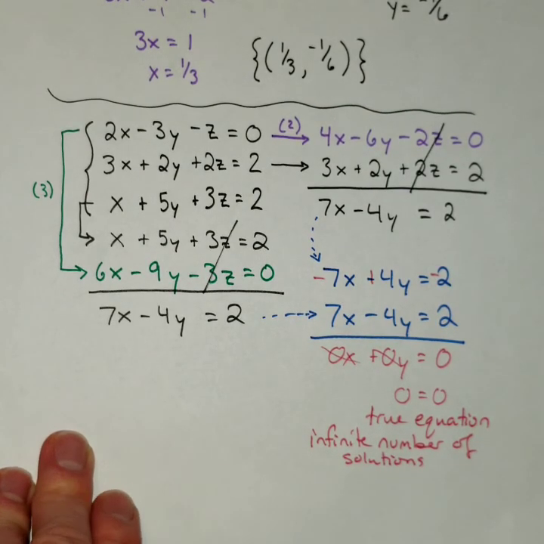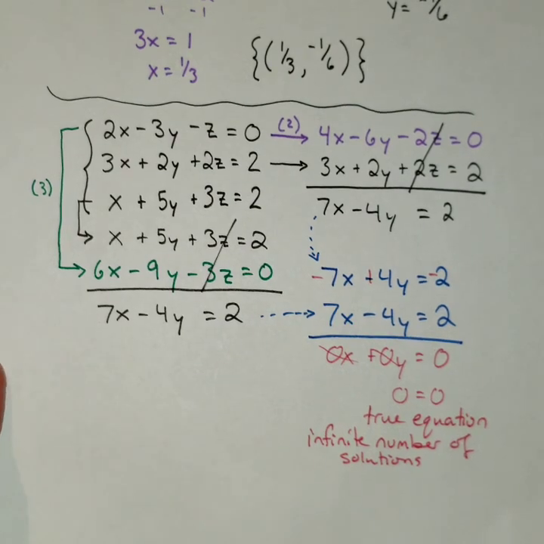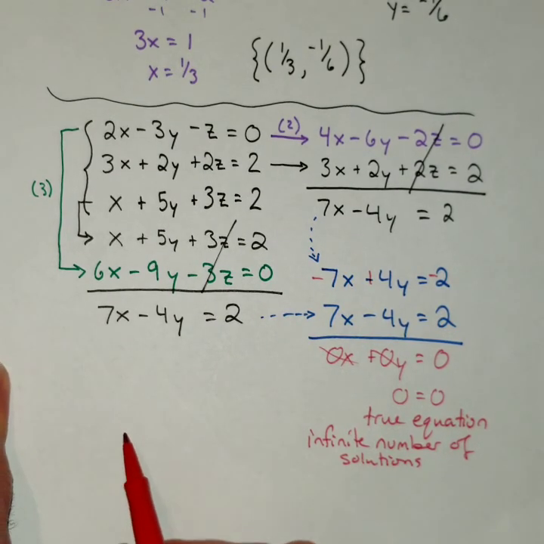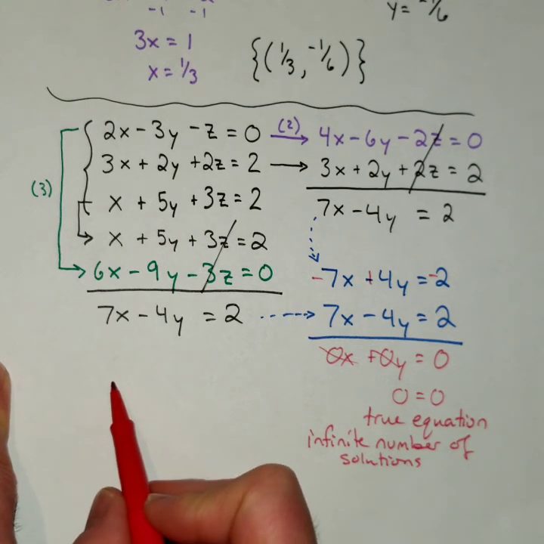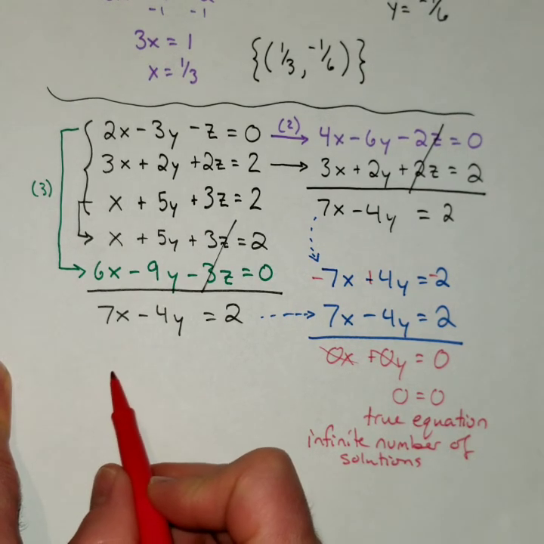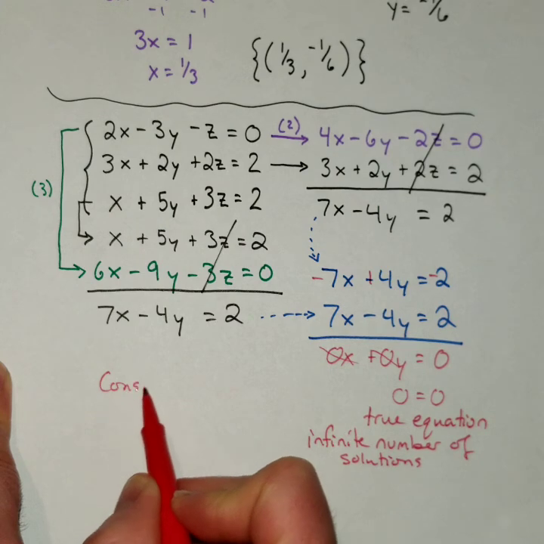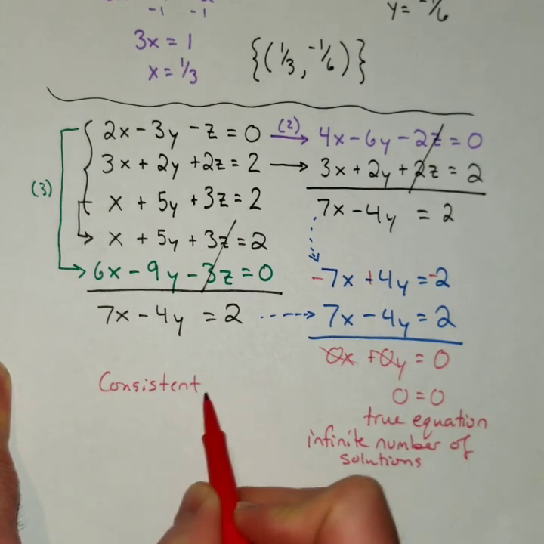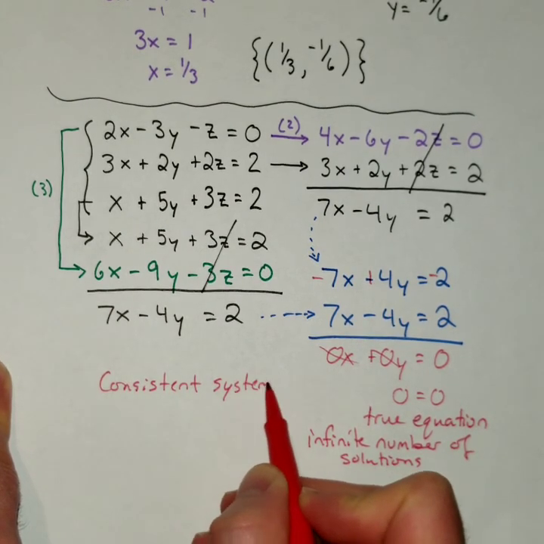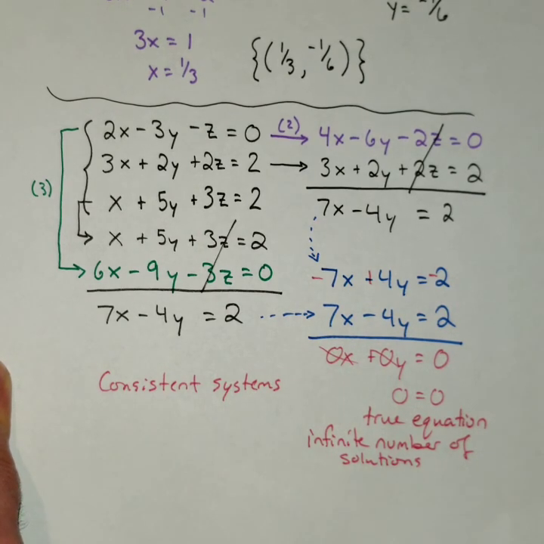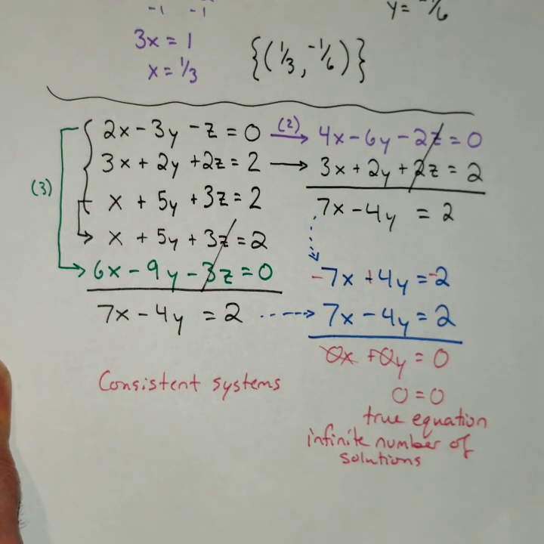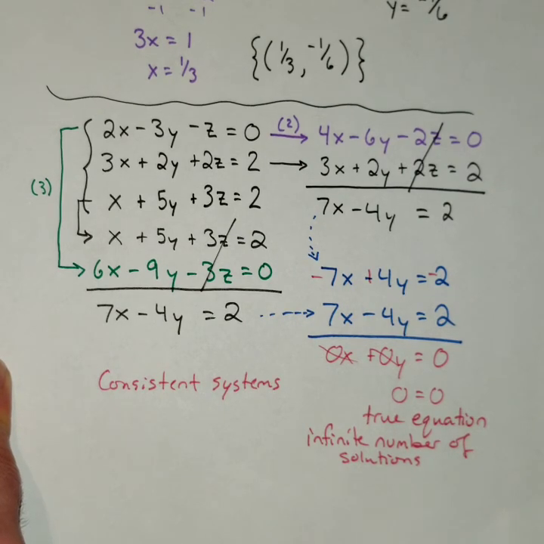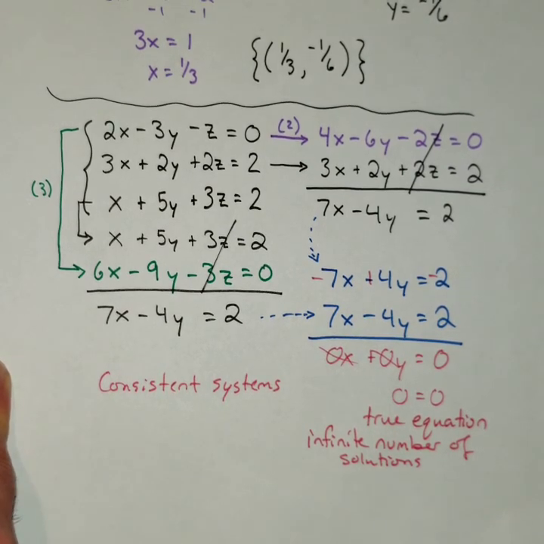And then finally, if you needed to categorize this system, this would be one of those consistent systems because it does have solutions. Okay, it also has an infinite number of solutions. That's correct.